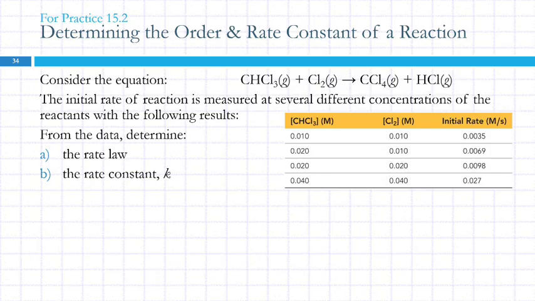Consider this chemical equation. We measured the initial rate of reaction at several different concentrations and got these results. From the data, determine the rate law and the rate constant. Well, we can rough out the rate law: the concentration of CHCl3 raised to some power times the concentration of the second reactant raised to some other power.